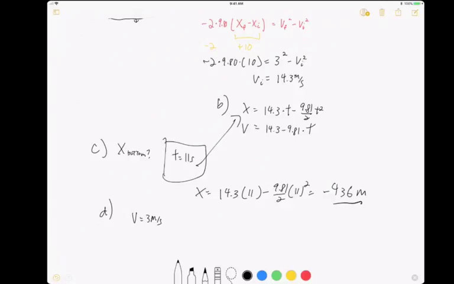So 3 is equal to 14.3 minus 9.81 times time. So it's going to happen at 1.15 seconds.